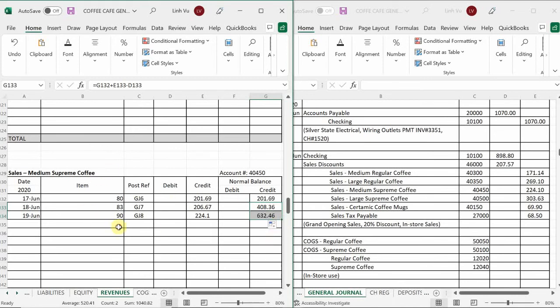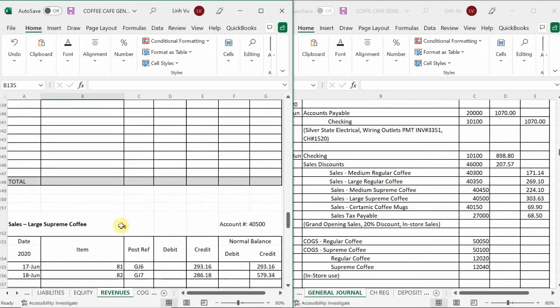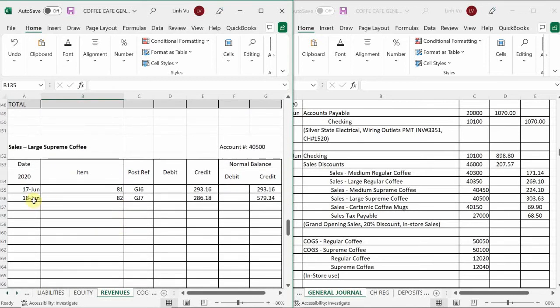Excellent. And then for the large Supreme coffee cup, we have 87, and it's page 8. And it's $303.63 in credit, and then the total is now 882.97. 882.97. Good. Yes.